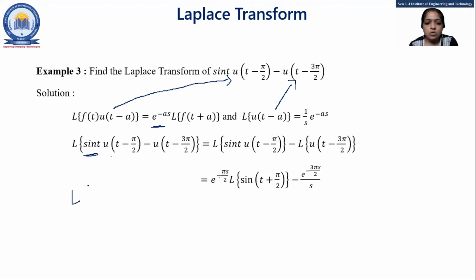So Laplace of sine, see this one, t plus a, sine t plus pi by 2. So this formula will apply for the first term. And the second formula for the second term, here just 1 by s and e raised to minus as. In the second term, our a is 3 pi by 2. So this is e raised to minus 3 pi by 2 s upon s.